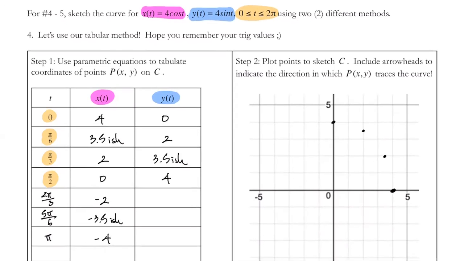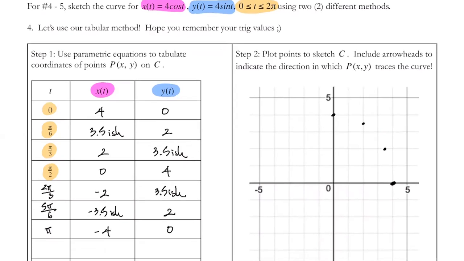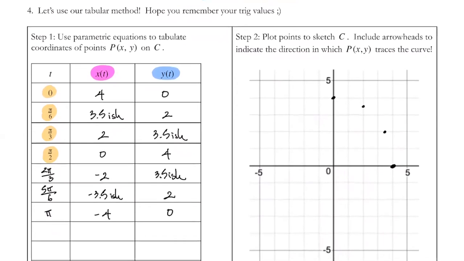And now when we plug the values into the sine equation, we're going to get 3.5-ish, 2, and 0. Okay, so we have a few more points to plot. All right, let's try these out. -2, 3.5. -3.5, 2, and -4, 0.